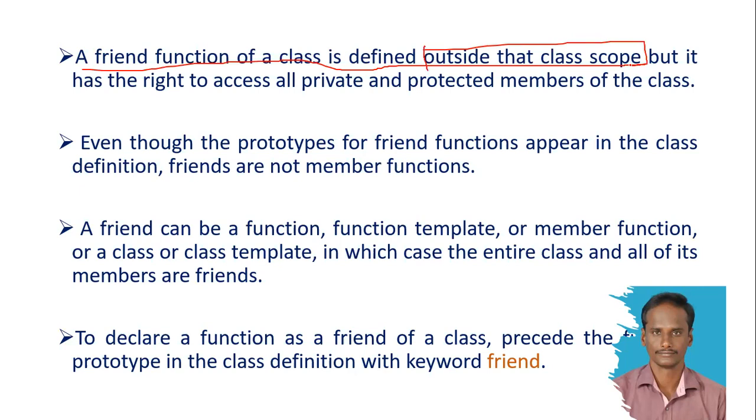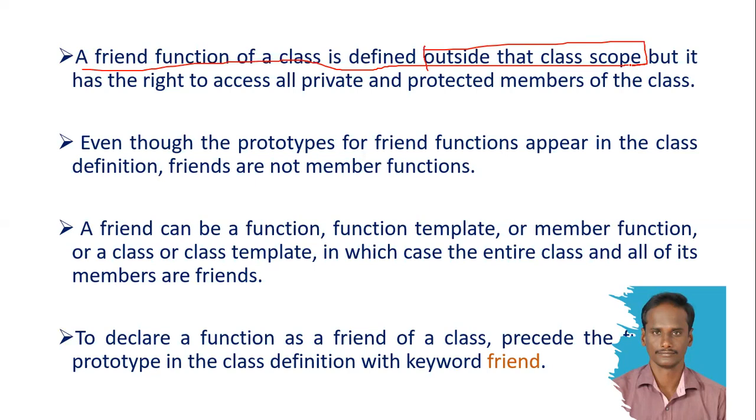Also, we know very well that if we have declared anything inside the class, then we have the right to access the class properties. Whatever data members we have defined inside the class, we can access with the help of objects, correct? But a friend function is a non-member function.